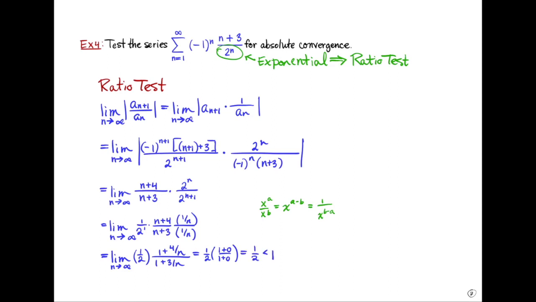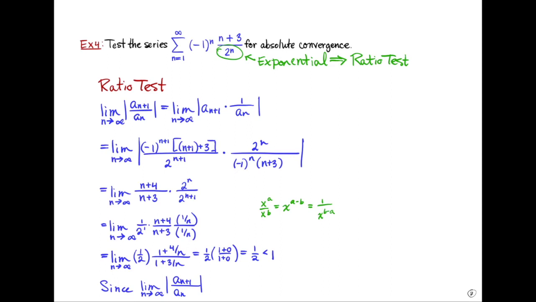So for our conclusion, since the limit as n approaches infinity of the absolute value of a sub n plus 1 over a sub n, and now as I'm writing this, I realize that nowhere on the paper have I defined a sub n or a sub n plus 1.